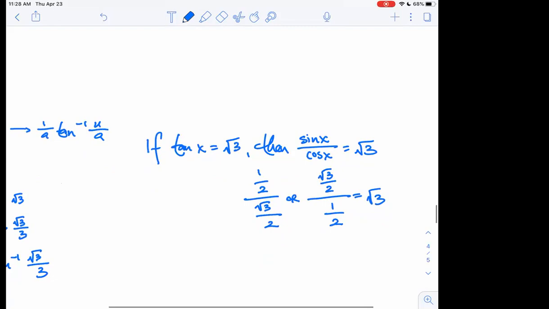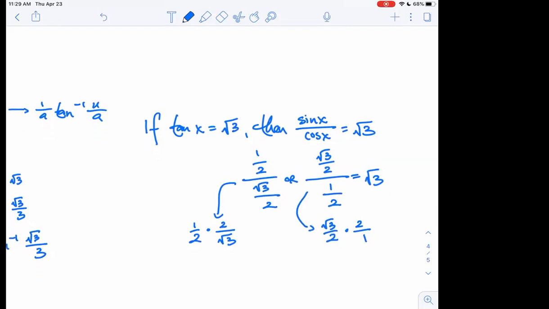So what I'm going to do is write them as the top fraction times the reciprocal of the bottom fraction. And I'll do the same thing here. I have the top fraction times the reciprocal of the bottom fraction, okay?